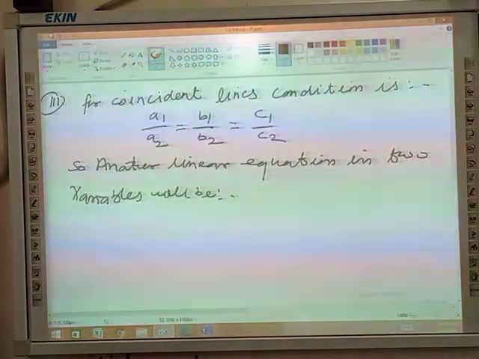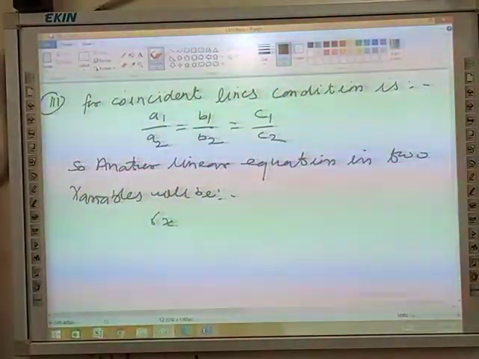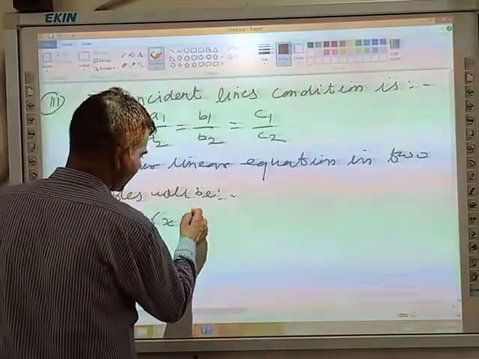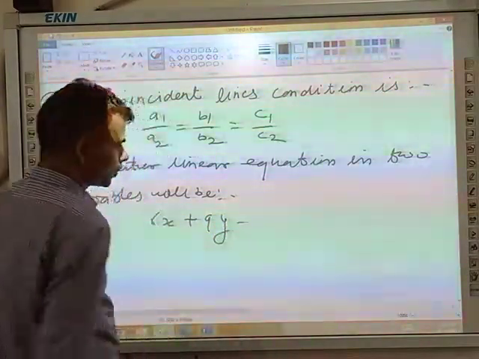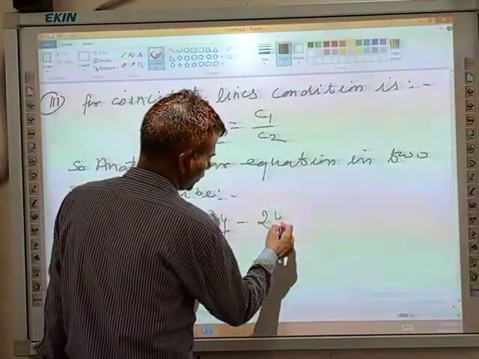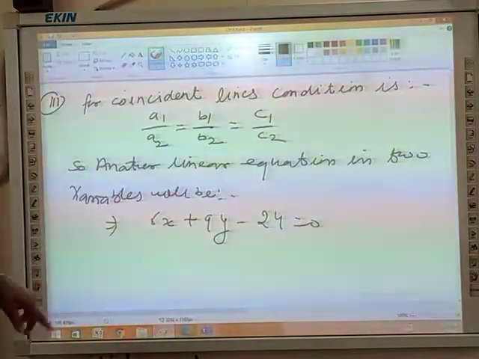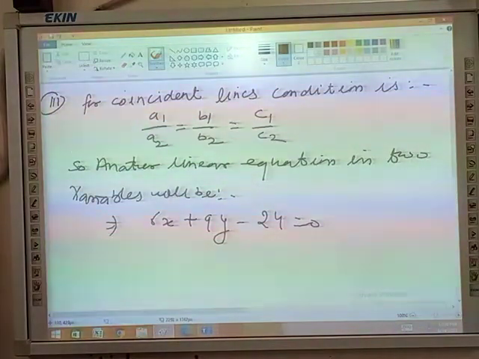You can take, such as 1 by 3, 6x, 1 by 3 plus 9y, 1 by 3, 8 3s are 24, equal to 0. In all the cases A1 by A2 is 1 by 3, B1 by B2 is 1 by 3, C1 by C2 is 1 by 3. Students, any doubt, any problems? No, yes, sir.